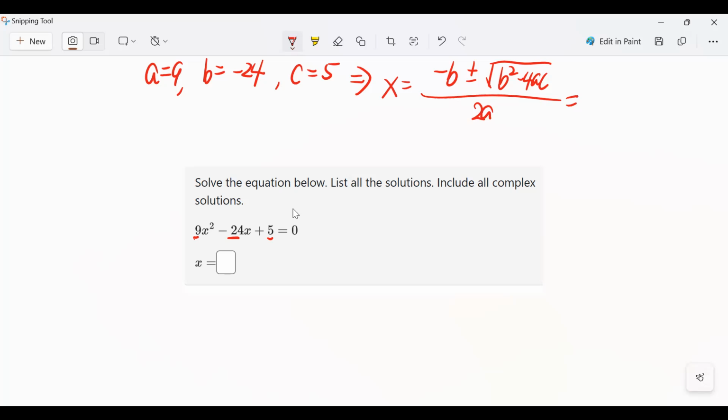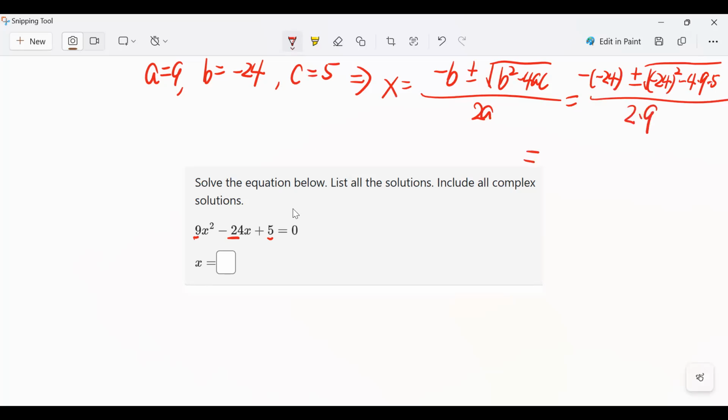I'm throwing all the numbers into the quadratic formula. So minus 24 plus minus the square root of minus 24 squared minus 4 times 9 times 5, and the bottom will be 2 times 9, 18, right?